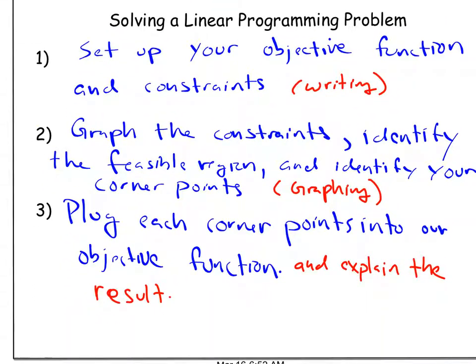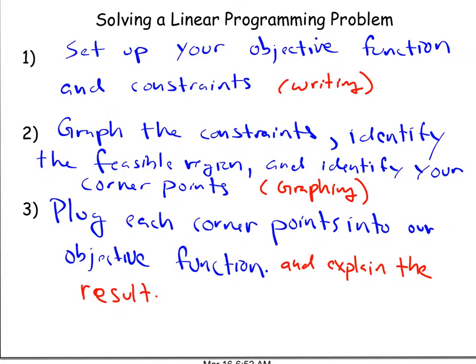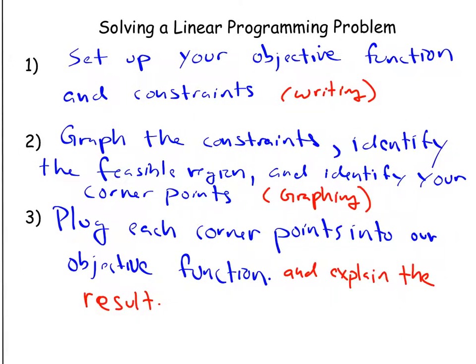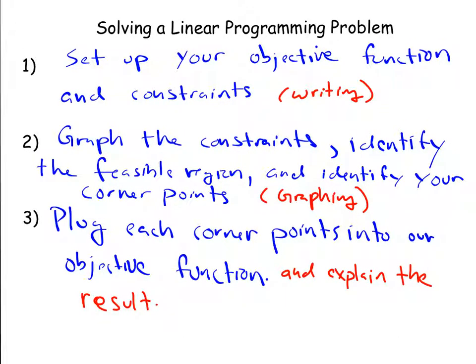All right, so here's the approach that we take. The objective function is what we're trying to maximize or minimize. You should really start with writing that. And the constraints. Then you do all the graphing and plug each of your corner points into your objective function to see which one your solution is.